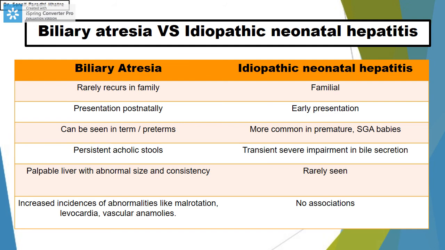In biliary atresia, there is a palpable liver with abnormal size and consistency, which is rarely seen in neonatal hepatitis. Biliary atresia is associated with increased incidence of abnormalities like malrotation, dextrocardia, and vascular anomalies as well. There are no such associations in neonatal hepatitis.